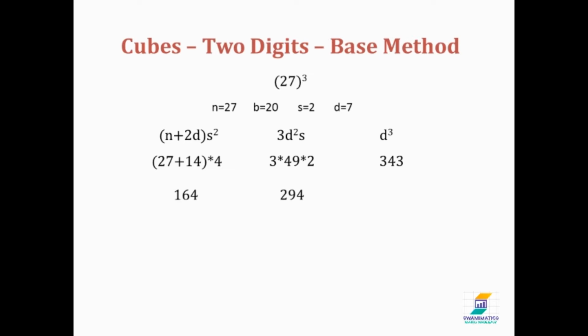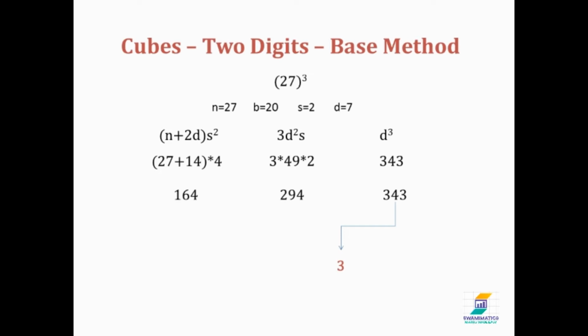You can say it is 6 into 50 minus 1. 6 into 50 is 300. 300 minus 6 is 294. So the second term is 294. The third term is 343. Now from 343, you need to take a single digit for the answer.